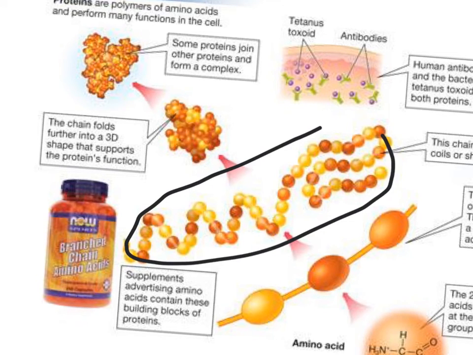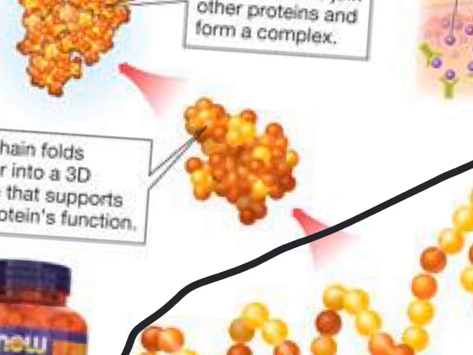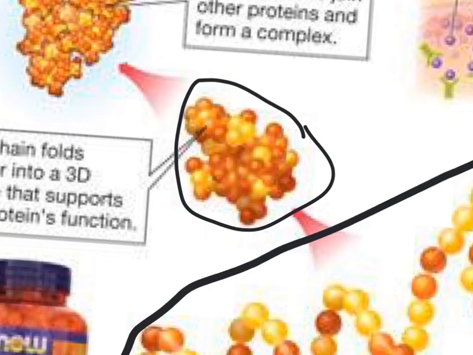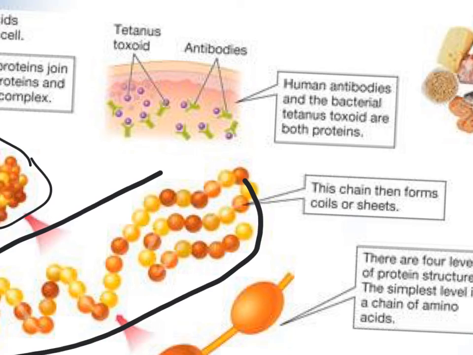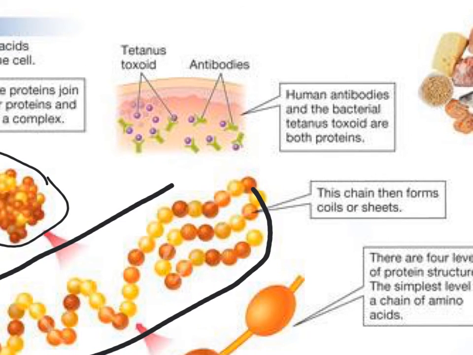And take a look, this should have a 3D shape, and it probably has a functional site where I can grab onto some other protein or some other substance. Antibodies, of course, are, let's say, antibodies to tetanus. Tetanus produces a toxin, and so we produce antibodies to neutralize that toxin.